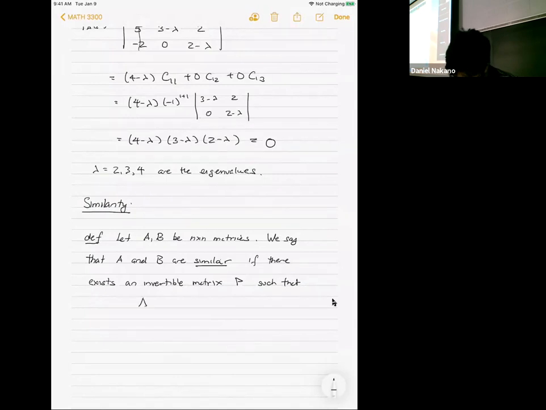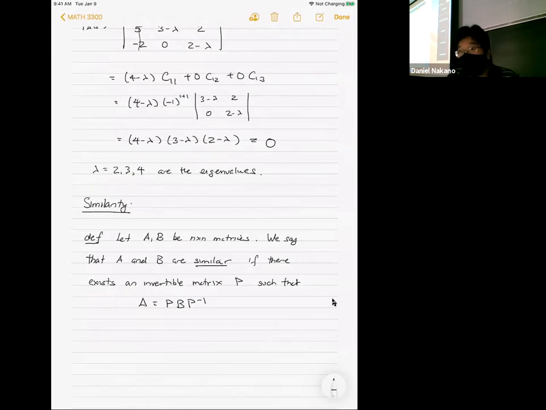So A is equal to P B P inverse. The idea is that we want to look at matrices where we can get from one to the other by applying an invertible matrix on one side and its inverse on the other, and produce the other matrix.